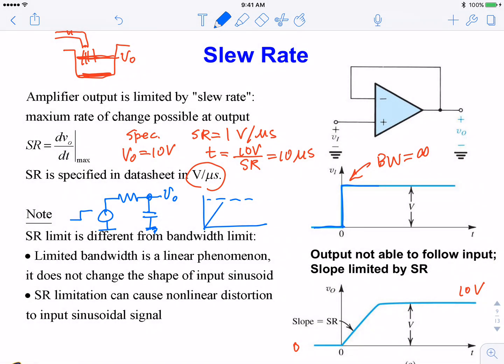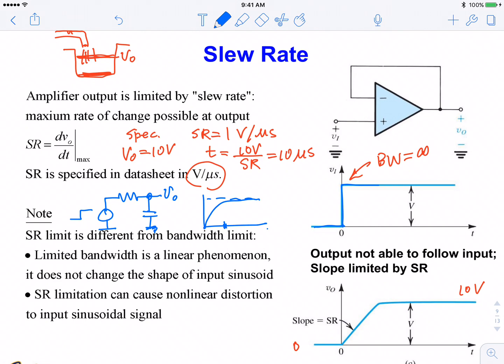So it goes up exponentially, but eventually approaches this here. And we said roughly this is the RC time, that's this time here.